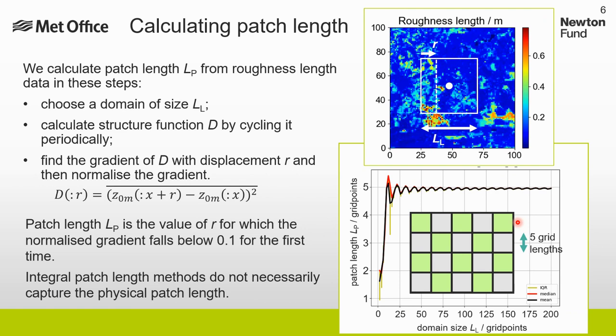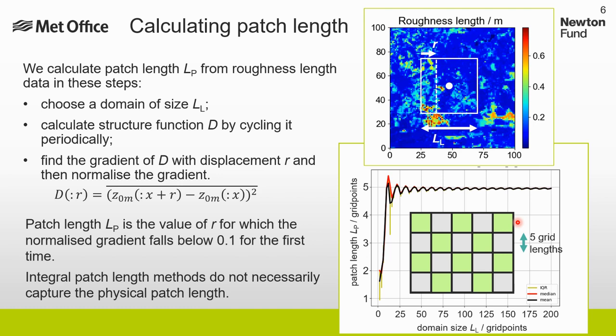Obviously that correlates perfectly, and in that case D is 0. We then shift that domain and compare it with a domain of different displacements to the side. Obviously as you do that, the decorrelation will increase. Then we calculate the gradient of that, normalize it, and we define the patch length to be when that gradient falls below 0.1.